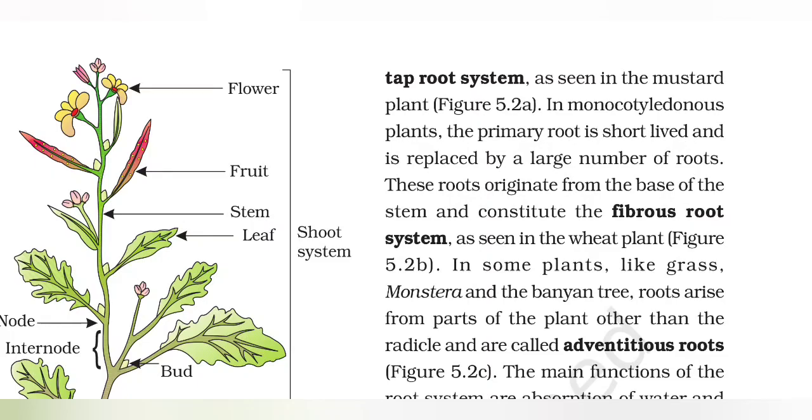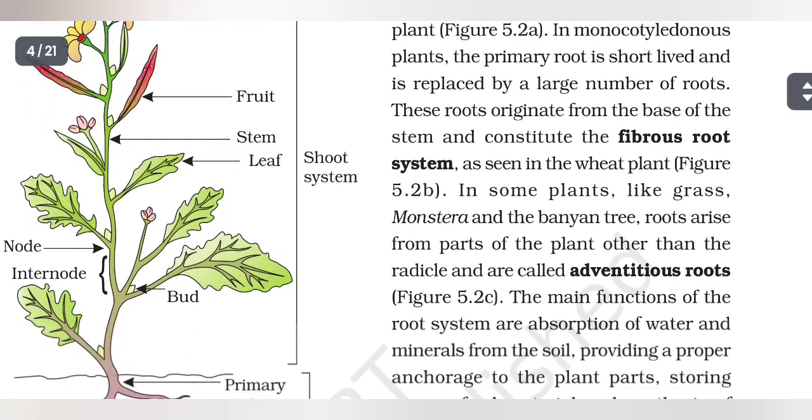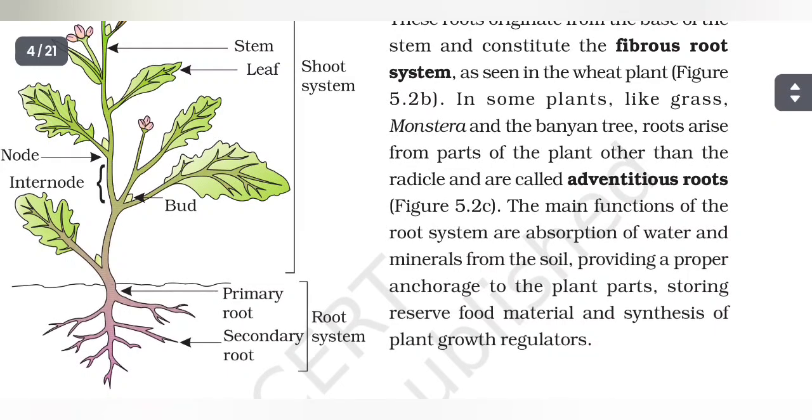These roots originate from the base of the stem and constitute the fibrous root system as seen in the wheat plant. In some plants like grass, monstera and the banyan tree, roots arise from parts of the plant other than the radicle and are called adventitious roots.